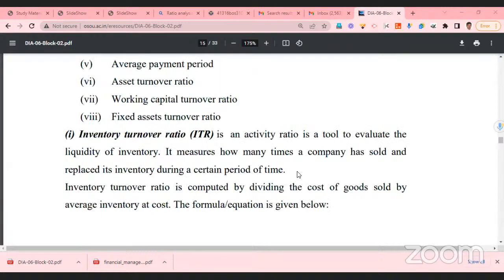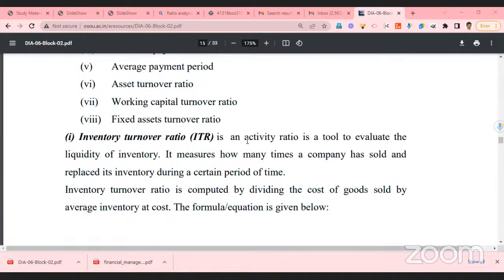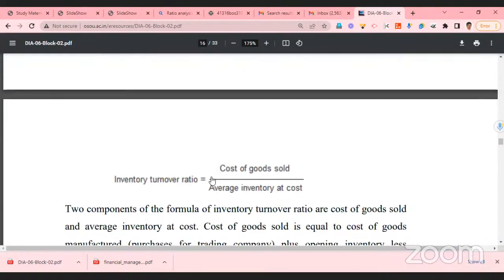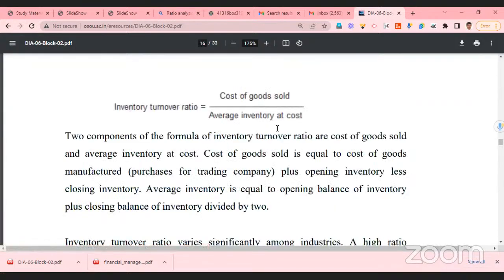The first one is inventory turnover ratio. This ratio is a tool to evaluate the liquidity of inventory, that is, how many days this inventory converts into a final product. It is computed by dividing the cost of goods sold by average inventory at cost.